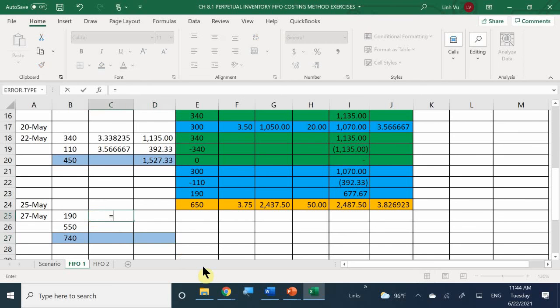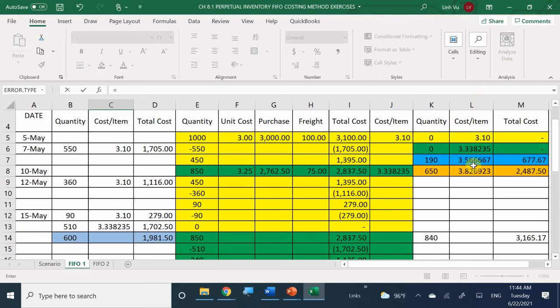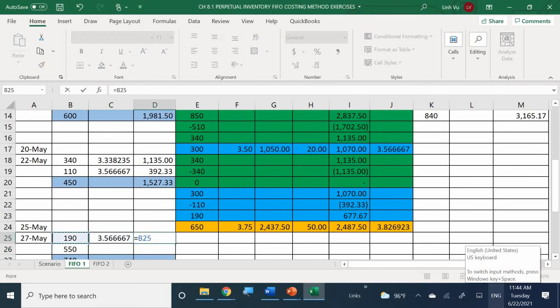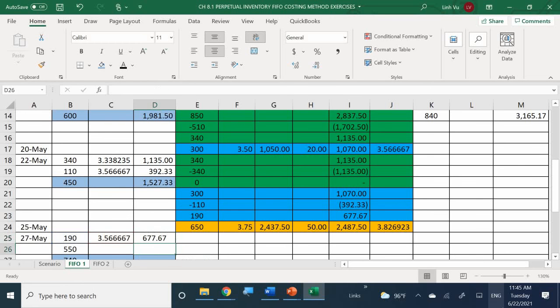In this case, my 190 at $3.566667 gave me a grand total of $677.67. We know that because we're getting rid of the entire blue batch.